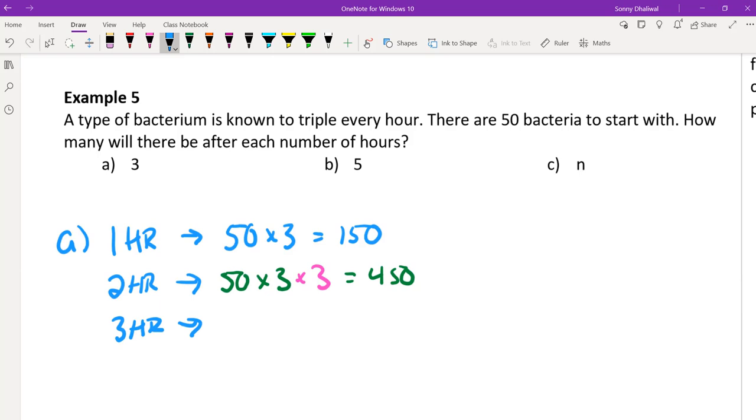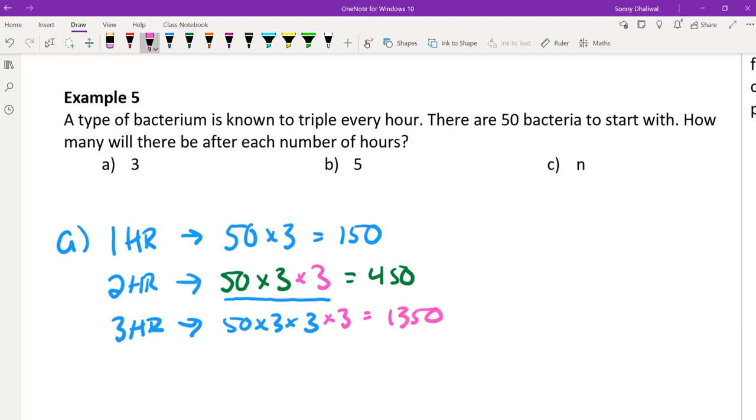We go 450 times 3, right? So we go what we had before, which was our 450. Then we said that was 1,350, right?